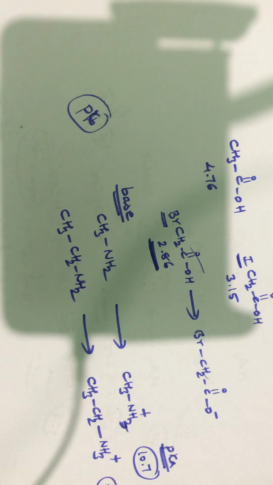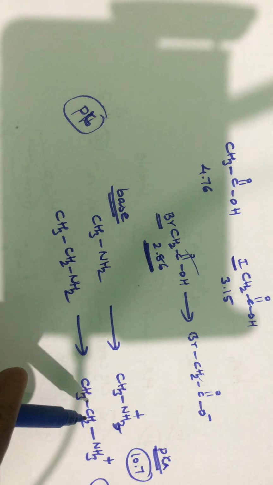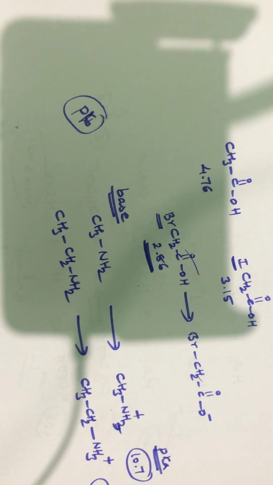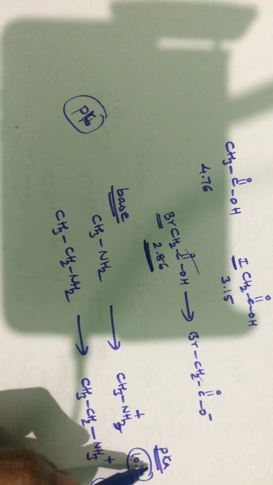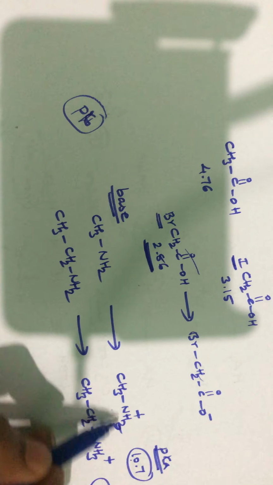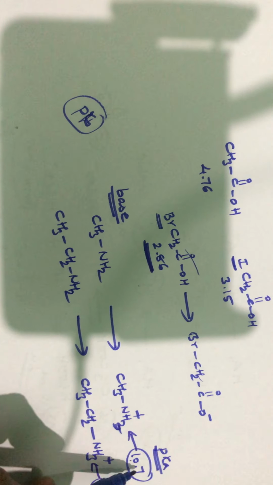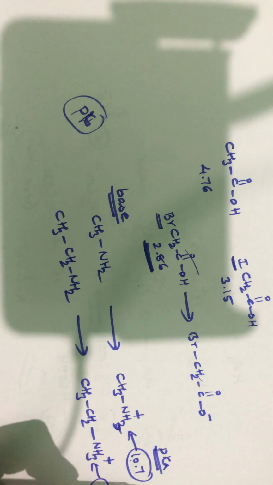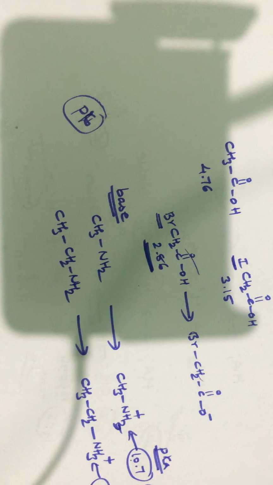So protonated methylamine is a stronger acid than protonated ethylamine, which means that methylamine is a weaker base. Based on the pKa value of this also you can predict. The pKa of this is 10.7 and this is 11, so out of these, smaller the pKa, stronger the acid. So this is a strong acid. If this is a strong acid, then its conjugate base will be weaker. So methylamine is a weaker base.